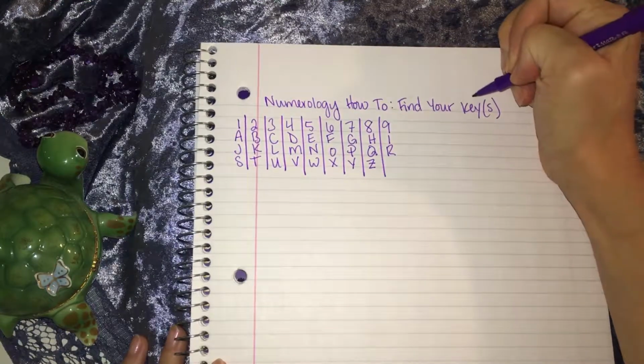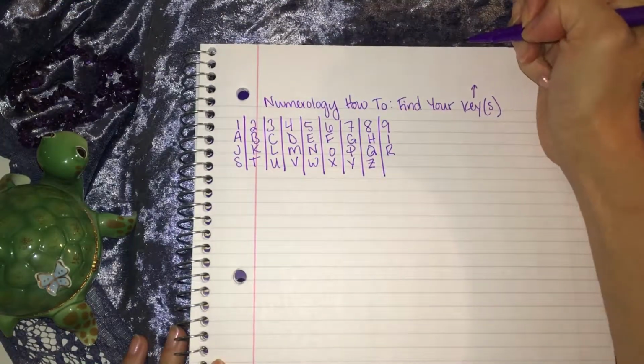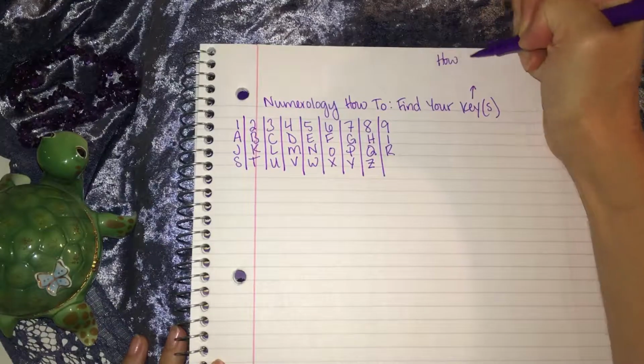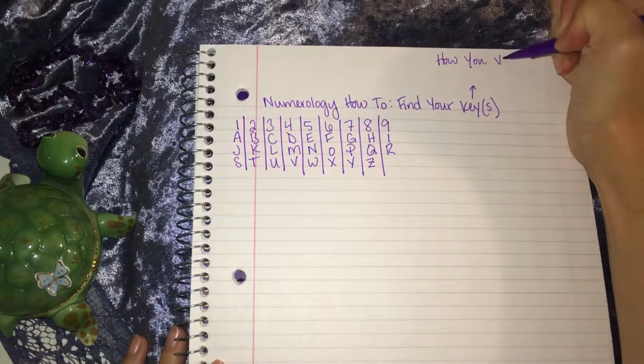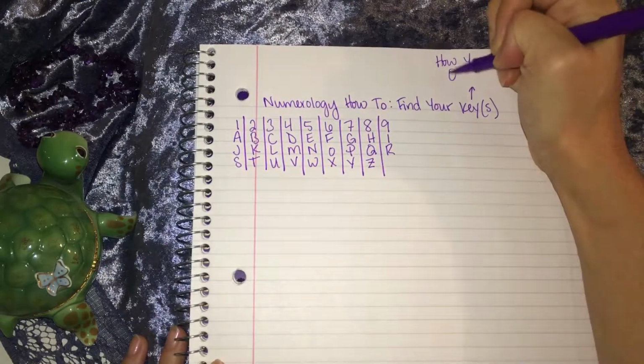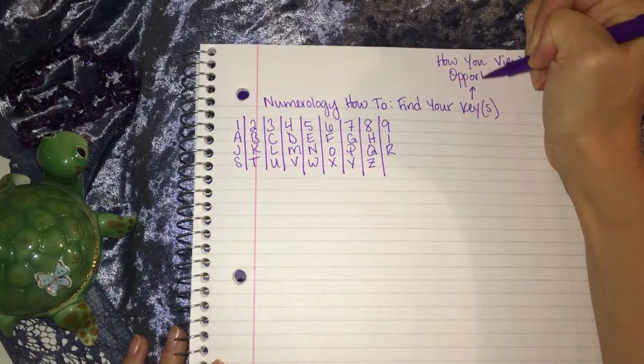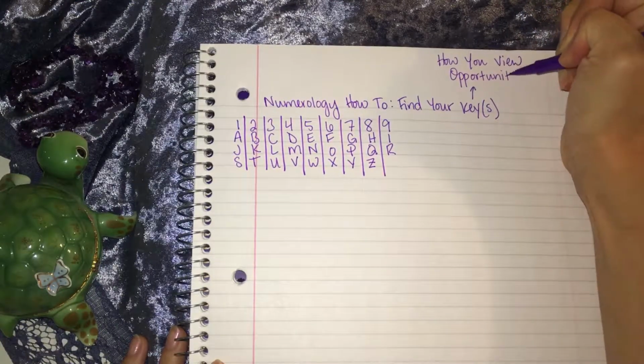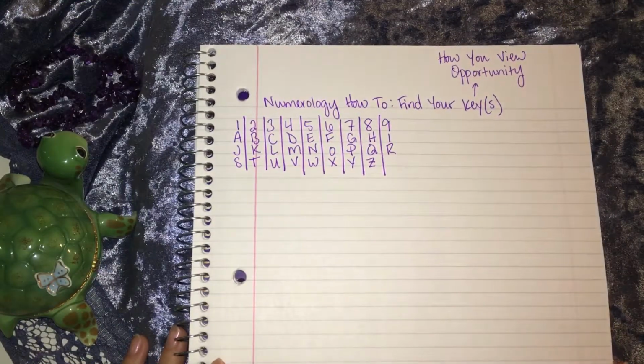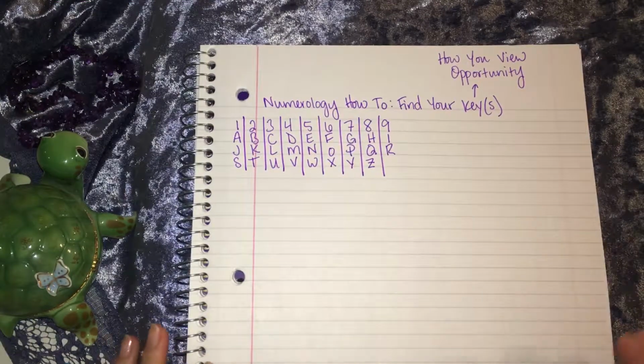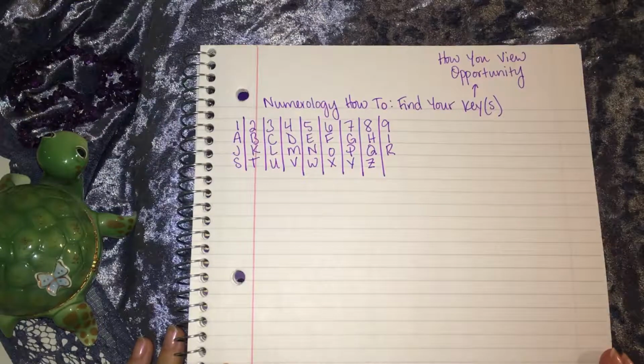And keys are going to represent how you view opportunity. So what philosophy you might have when it comes to making decisions about where you're going to take your life, what opportunities you're going to take and not take, and all that good stuff.